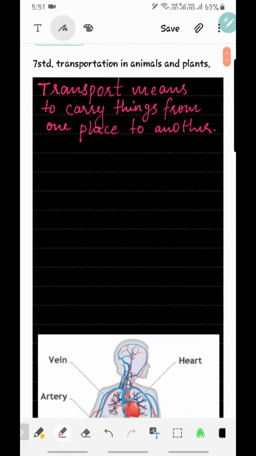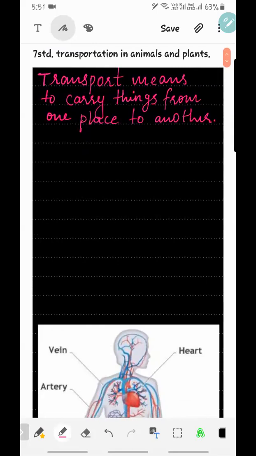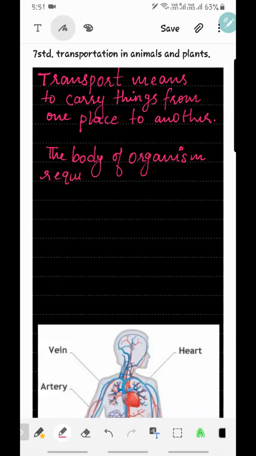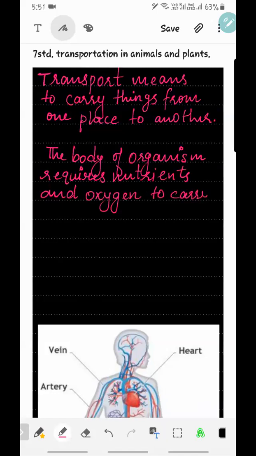Why is this transport taking place? The body of an organism requires nutrients and oxygen to carry out various life processes.